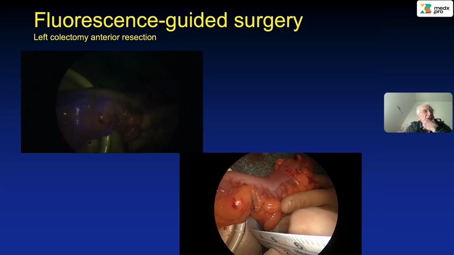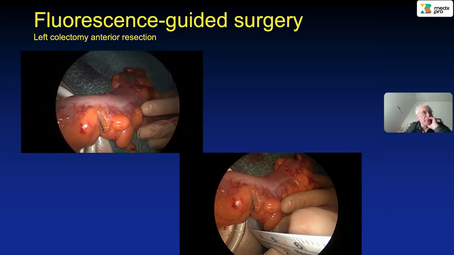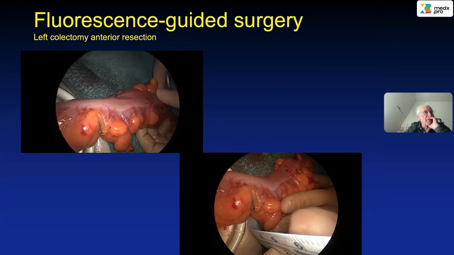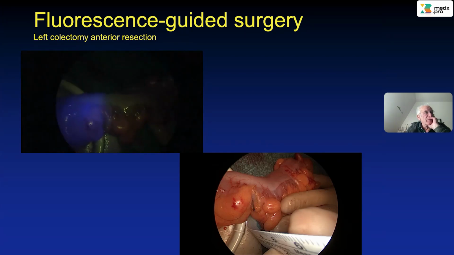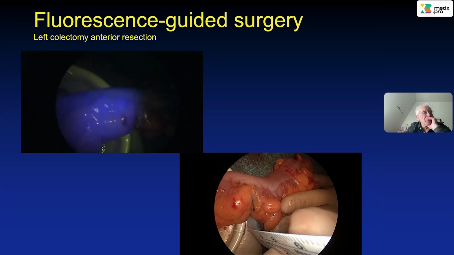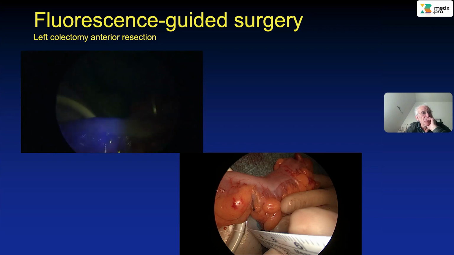You can see the vascular supply coming into the colon, up to the exact place where the staple line is. So you can be sure that if you do an incision just to the left of that margin, which is very difficult to see on white light, you can be 100% sure that the end is vascularized. Once again, it's not because it's vascularized that it's not going to be leaking, but it is at least a guarantee.